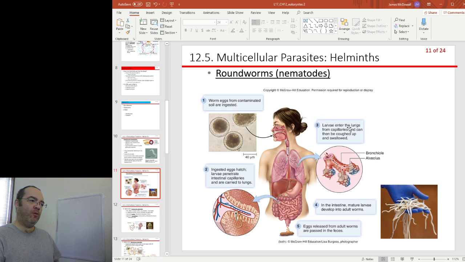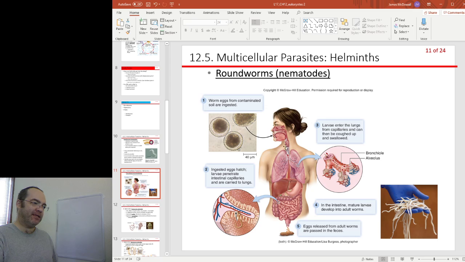The eggs are swallowed and wind up in the intestines. In the intestines, the eggs hatch, and the worm wriggles out of the intestine and into the bloodstream.